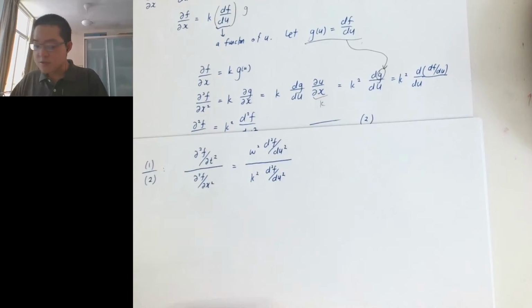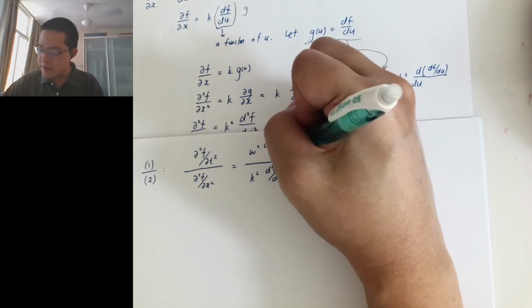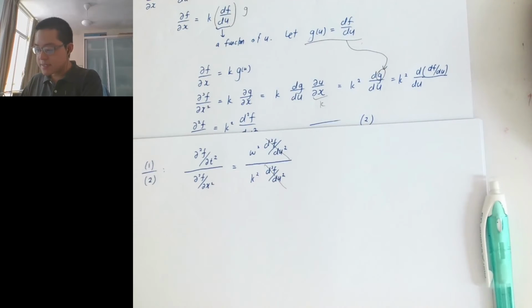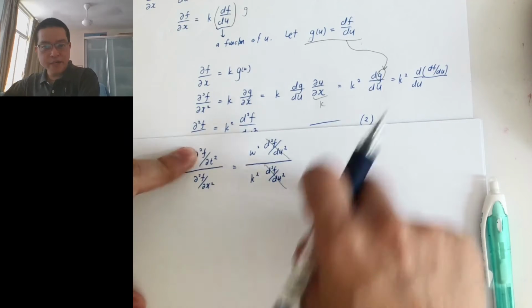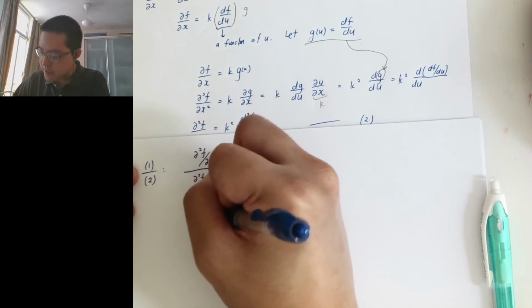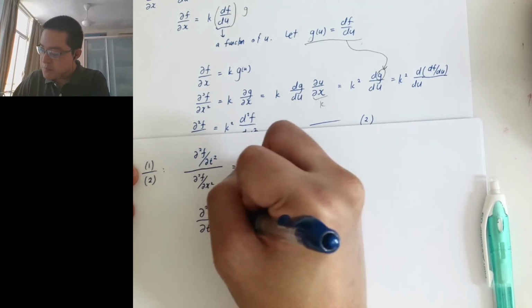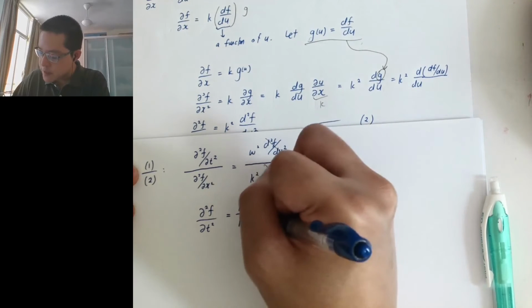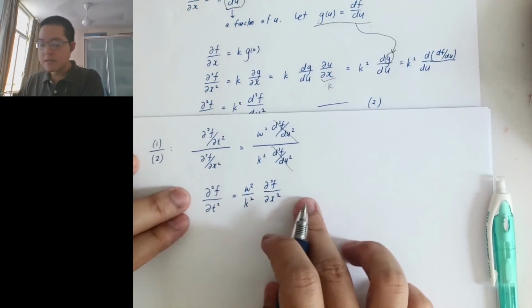If you don't follow, never mind, because at the end of the day the d2f du squared will cancel each other. Then I bring this part to the right, and I'm going to have the second derivative with respect to t is equal to omega squared over k squared times the second derivative with respect to x.